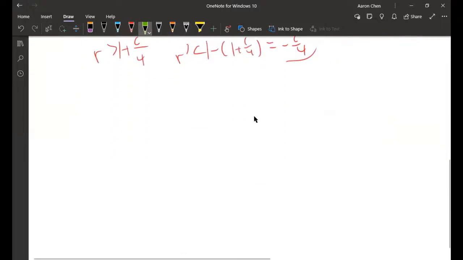Now what we can do is let g of x equal 1 plus the square root of 1 plus 4x over c, divided by 2.